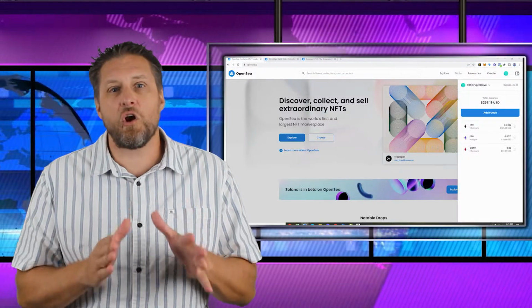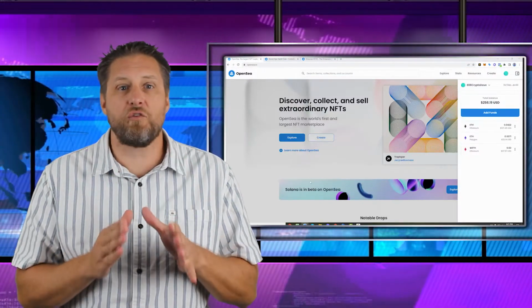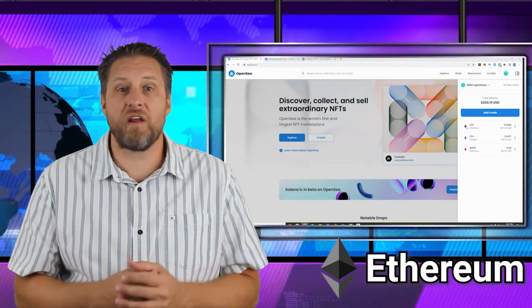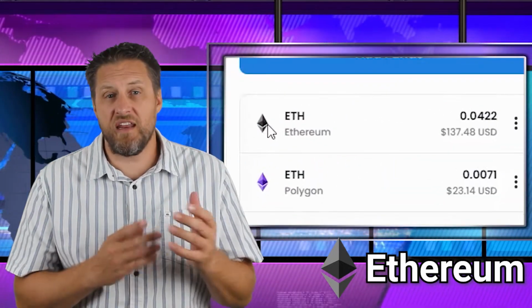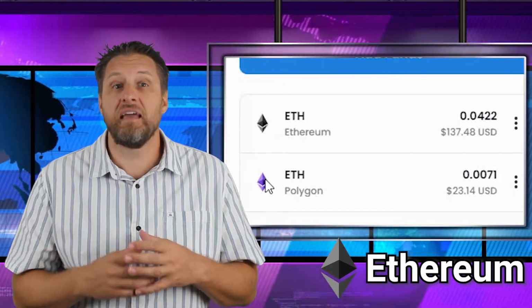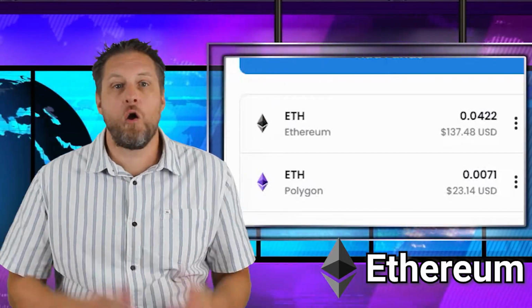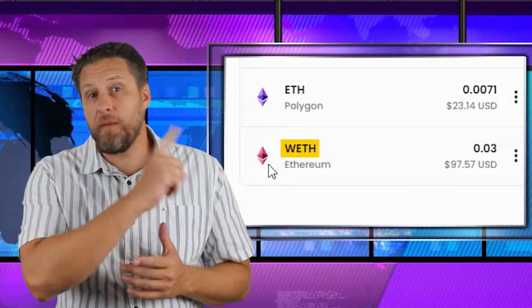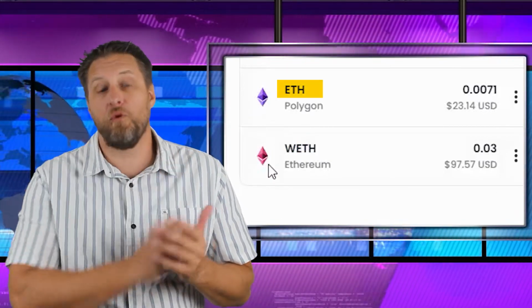Okay, so let's start by deep diving into how Ether is used on OpenSea. As I said, Ether is the main transaction token on OpenSea. Anytime you see this symbol, the black version of the ETH logo, it's an Ether transaction. Wrapped ETH and Polygon ETH will use the same symbol, but they're either going to be pink for Wrapped ETH or purple for Polygon.